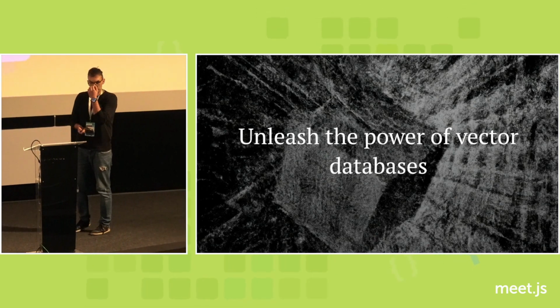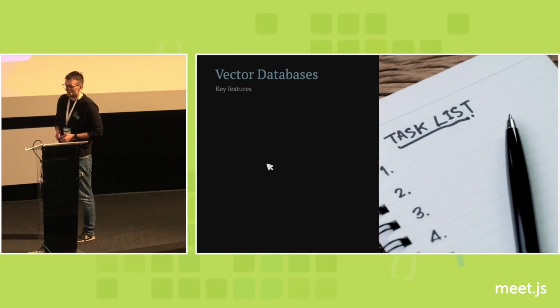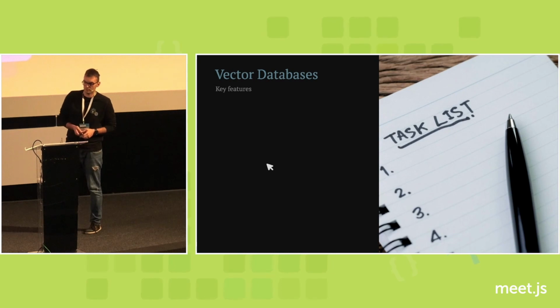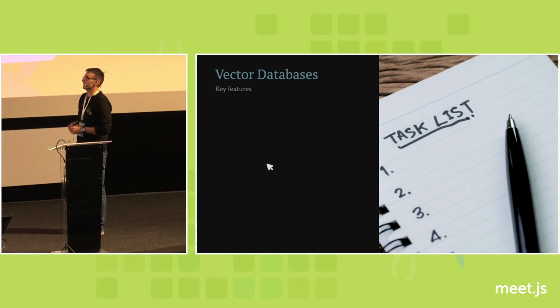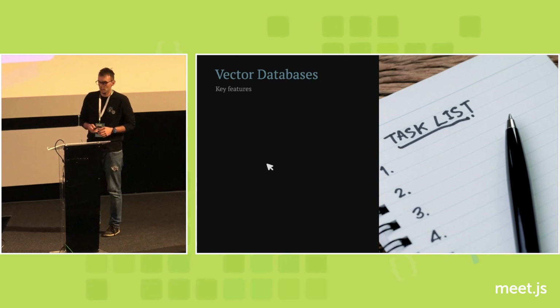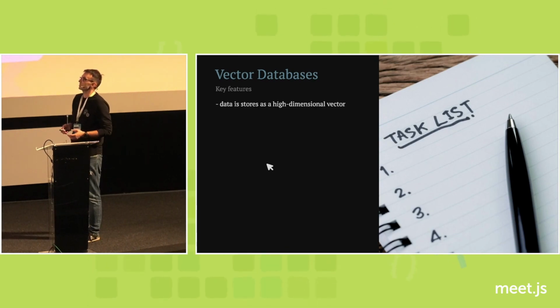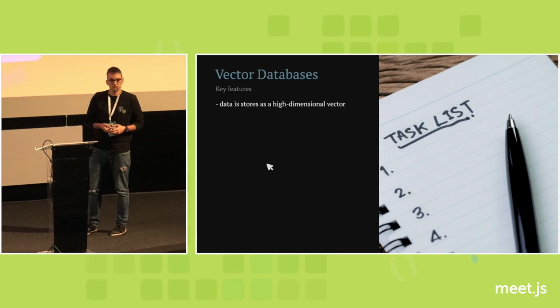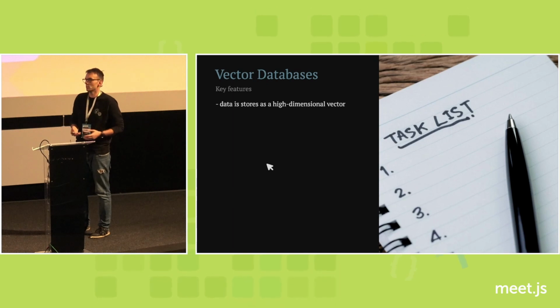So vector databases. For everyone who hasn't heard about that, if you look into the key features that this type of database has, basically the data is stored in something called a high dimensional vector. When you look into relational databases, usually it's a data table.